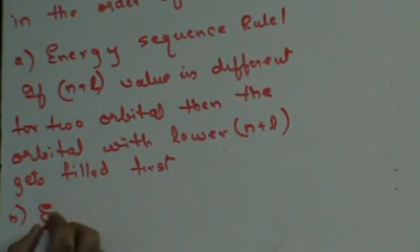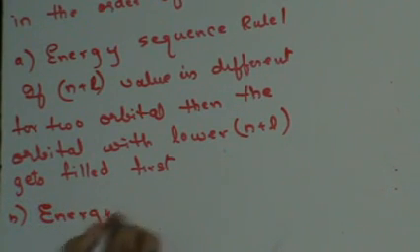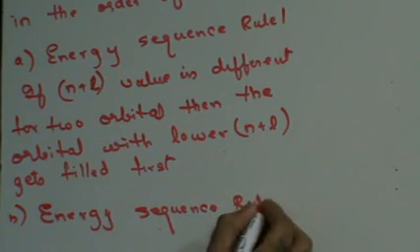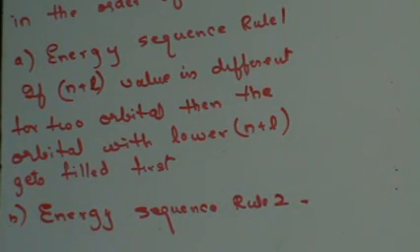Then you have energy sequence rule 2. Energy sequence rule 2 says that if the sum of n plus l is the same for two orbitals, then the orbital which has the lower value of n will get filled first.